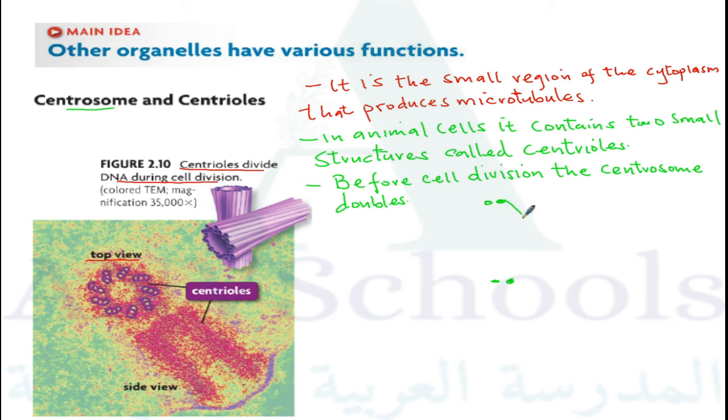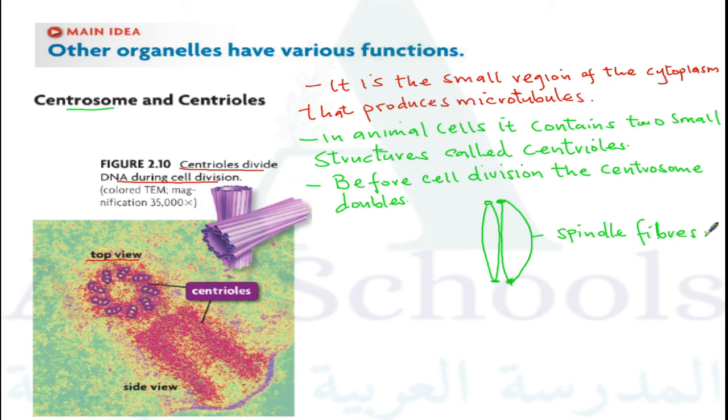These microtubules will grow and develop into what we normally call spindle fibers, which are important during cell division in pulling apart or dividing the DNA molecule.